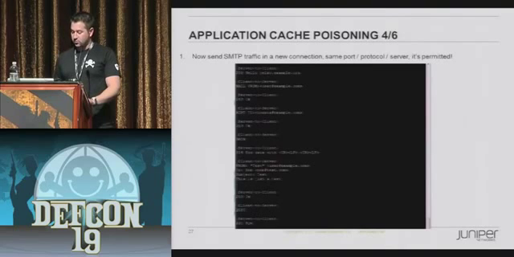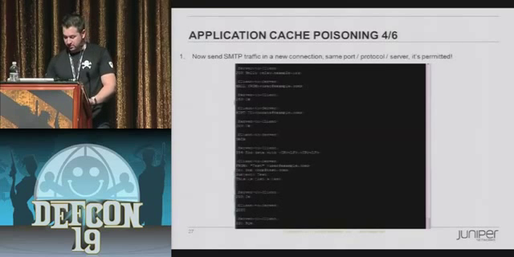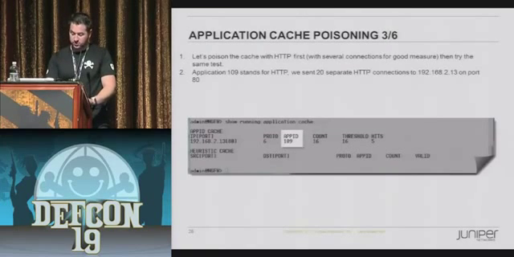And so now, whereas before I couldn't send my SMTP traffic through, I can. It worked just fine. The reason is because it identified that traffic on TCP port 80 on the server, which is 192.168.2.13. Anything that goes over there until this cache entry times out is going to be considered HTTP, even though it isn't.